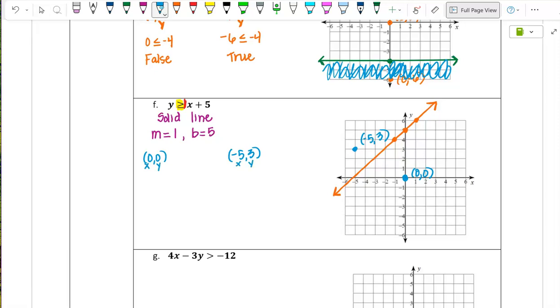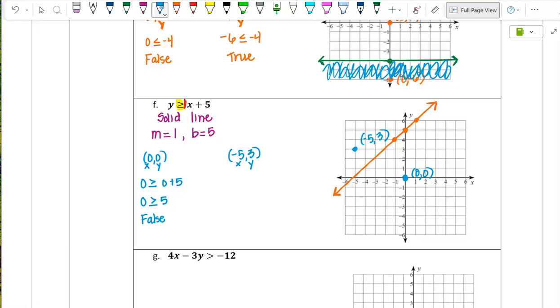So again, each ordered pair is giving me an x and a y. So 0 is greater than or equal to 0 plus 5. 0 is greater than or equal to 5. Is that true or false? That would be false.